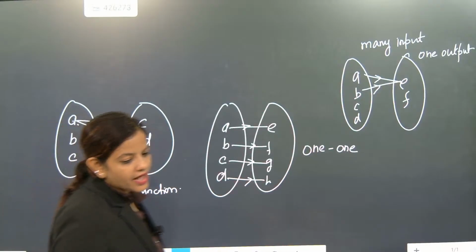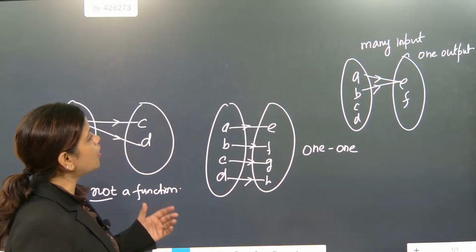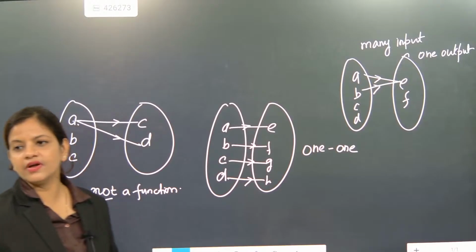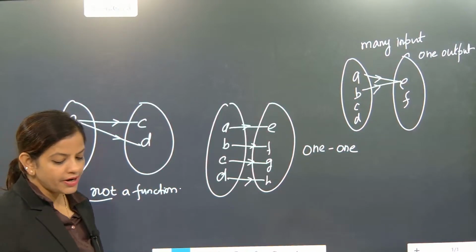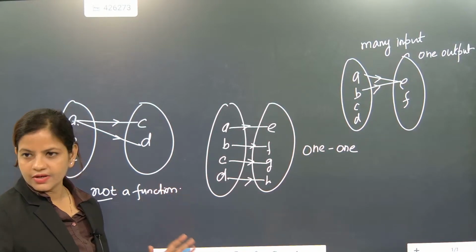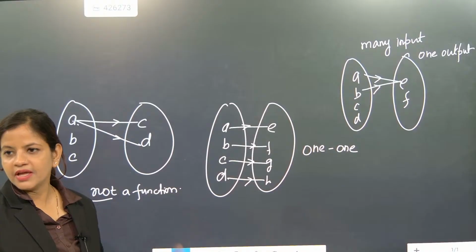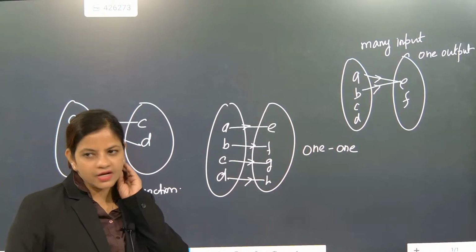Many inputs are having one output. That is called what, beta? Many-one correspondence. I hope you have understood. Many-one. Many inputs are having one output.